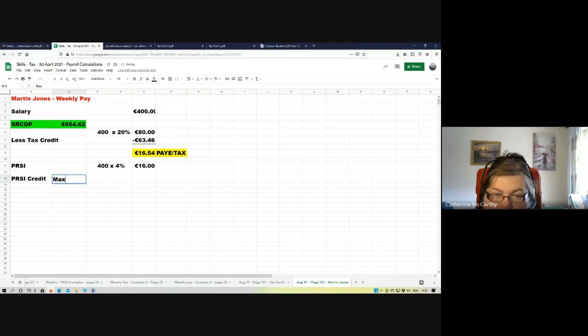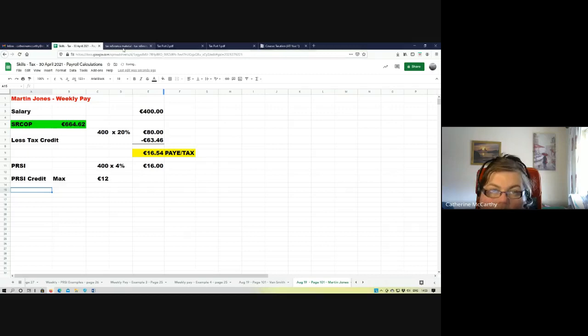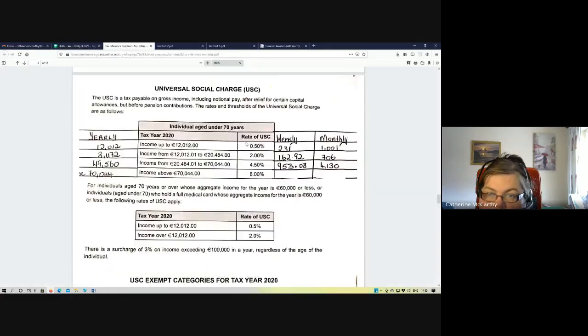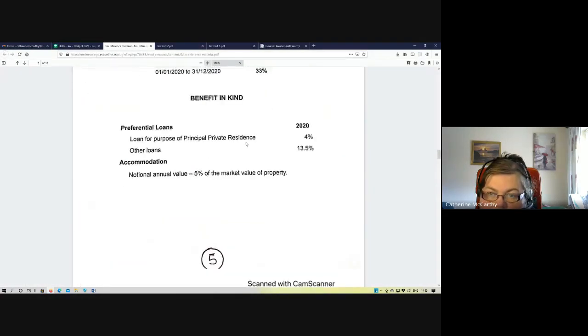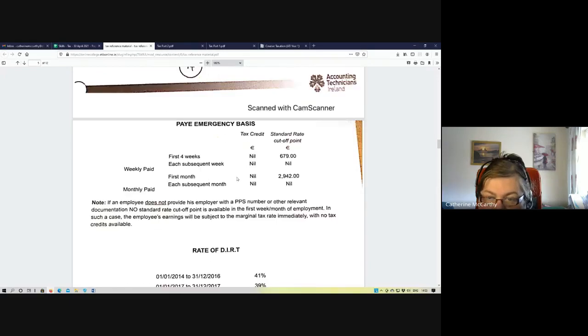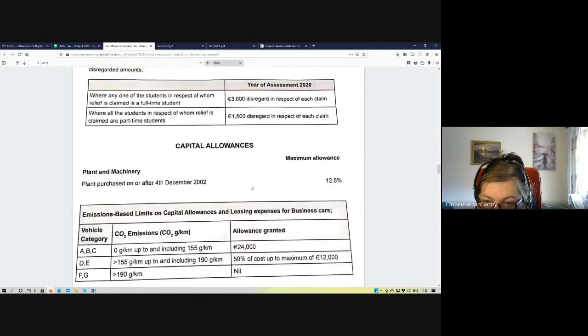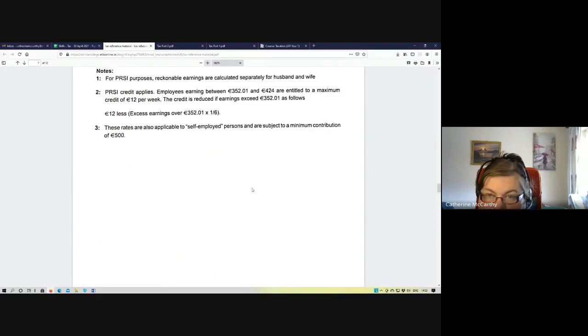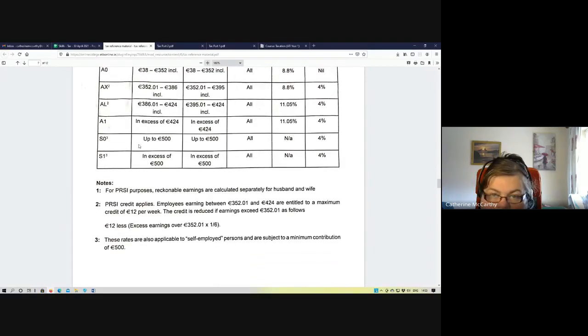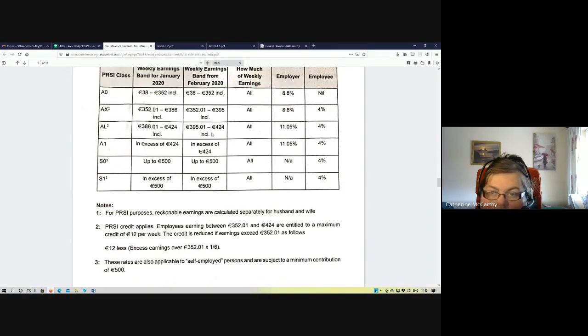The max is €12. But again, he's earning between 352.01 and 424. So if you go back to page 7 on your tax reference material, you check and see €400. So he's on AL class there.